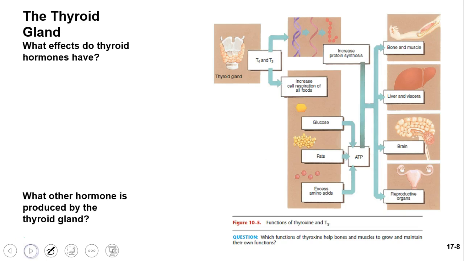So let's look at some of the effects that we have. First and foremost, it raises oxygen consumption, and in doing so it's going to raise the metabolic rate, and we're going to get heat production. We call this the calorigenic effect.